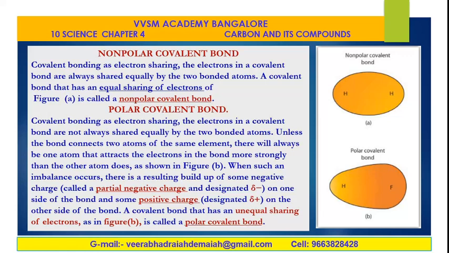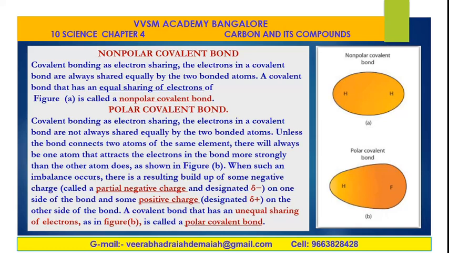But here in figure B, imbalance occurs. This imbalance, unequal sharing of electrons, will be developed. There is a resulting buildup of some negative charge. One is partial negative charge, another is partial positive charge.